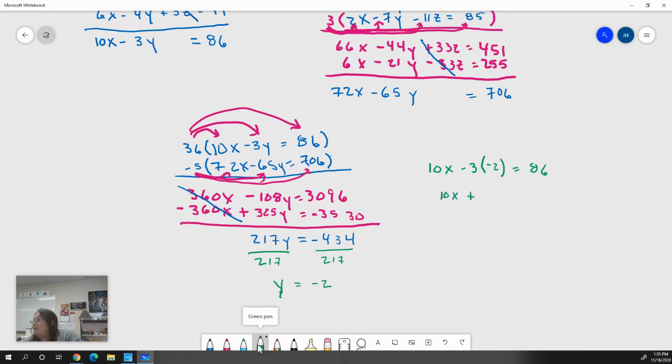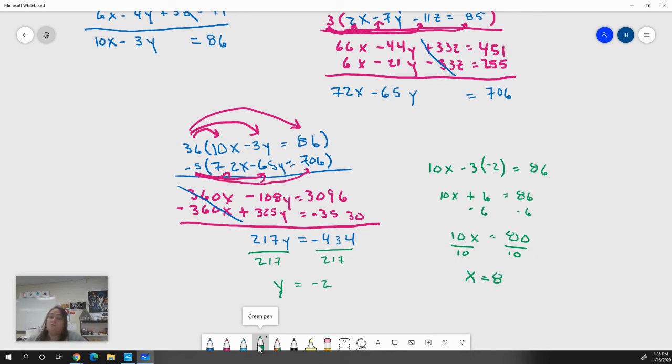Negative 3 times negative 2 is positive 6 equals 86. And now we're going to undo everything that's happening to the x, right? We've got the 6 added to it, so I'm going to subtract 6 from both sides, and I'll be left with 10x equals 80. And then I've got 10 being multiplied to it, so I'm just going to divide out the 10. And I'm going to get x equals 8.